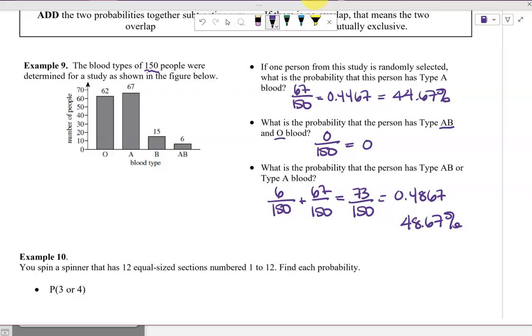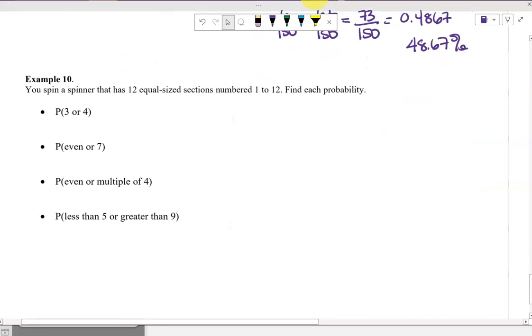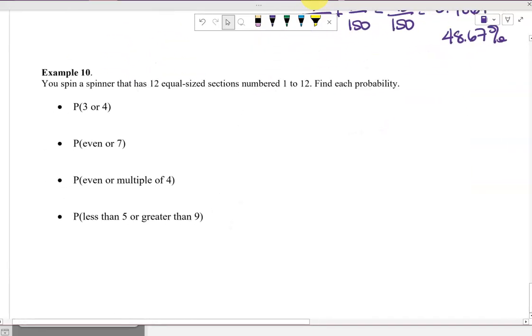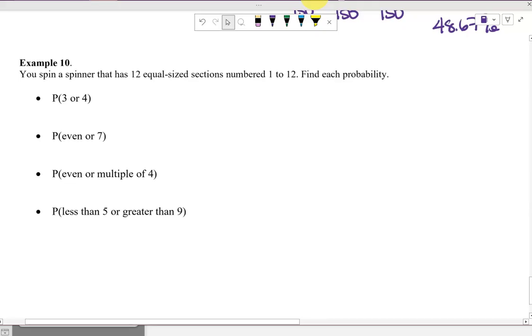Example 10. You spin a spinner that has 12 equal size sections numbered from 1 to 12. Find each probability. That you spin a 3 or a 4. So this is an or, we're going to add them. To spin a 3, there's 1 out of 12 ways to spin a 3, plus to spin a 4, there's 1 out of 12 ways to spin a 4.